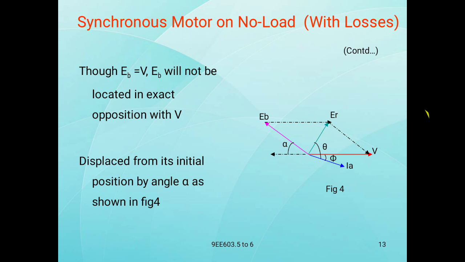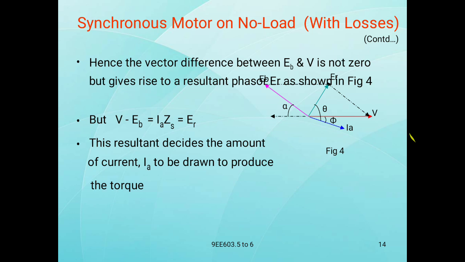In a synchronous motor on no load with losses, EB is equal to V, but EB will not be located in exact opposition with V. It is displaced from its initial position by angle alpha, as shown in the figure. Hence the vector difference between EB and V is not zero, but gives rise to a resultant phasor.